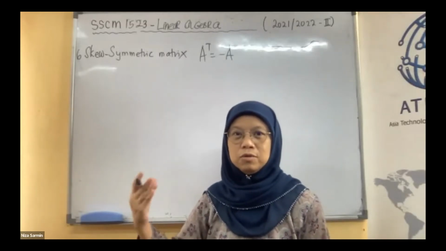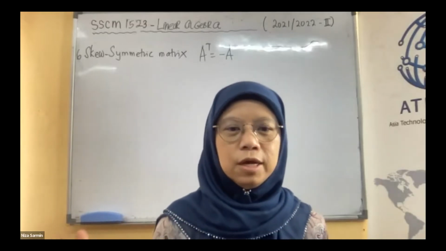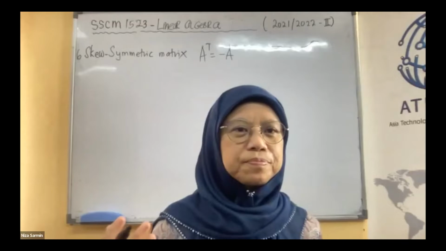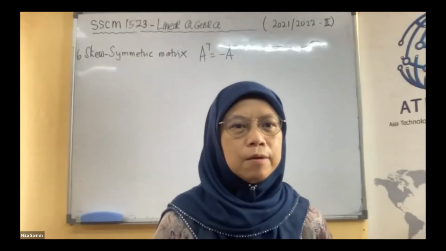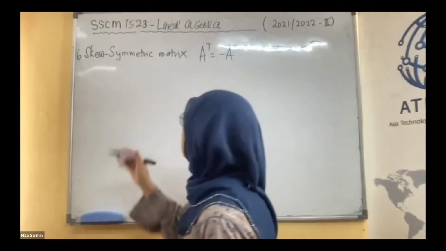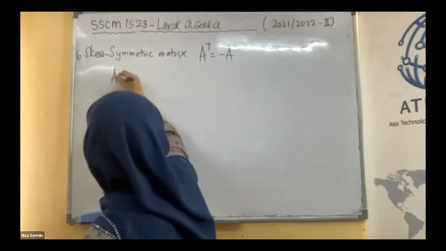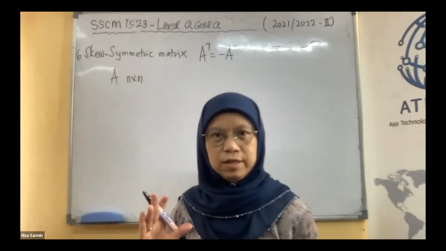You have to think about what if you write it in general. Yusuf? Yes, madam. I just wanted to clarify, this still goes under n times n, right? Still square? Yeah, I mentioned in the beginning that A has to be a square matrix. Otherwise, you cannot find this.